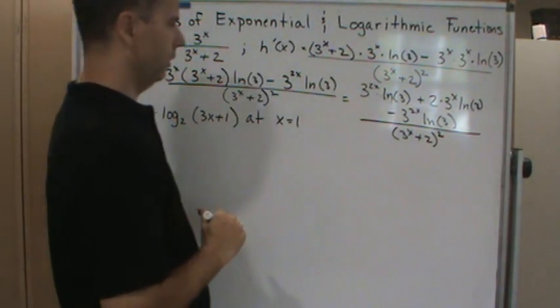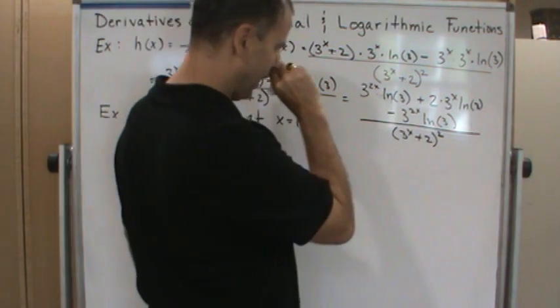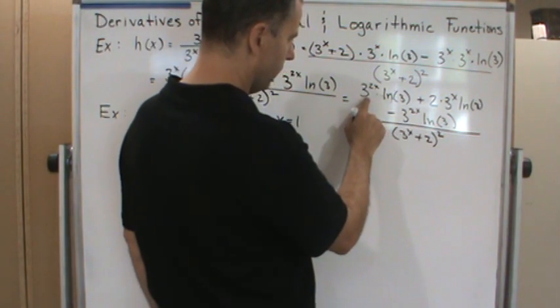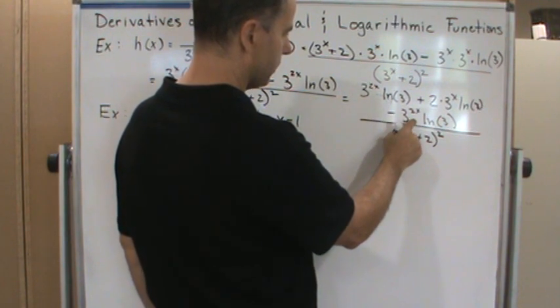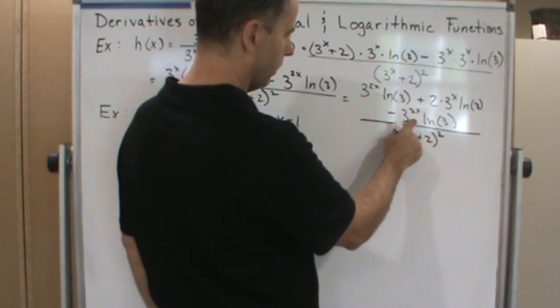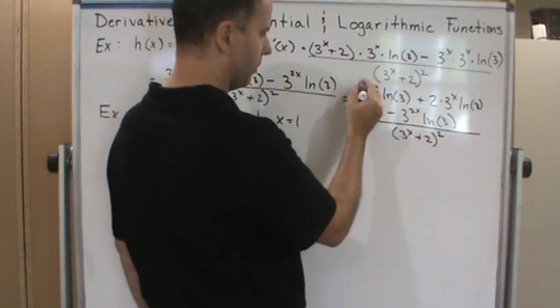Okay. So now that we expand that, we get 3 to the 2x natural log of 3 here, minus, yep, that's it. So these cancel.